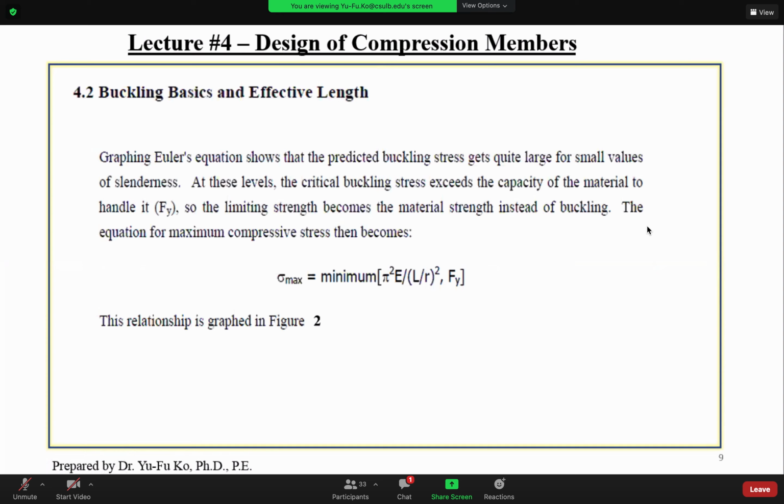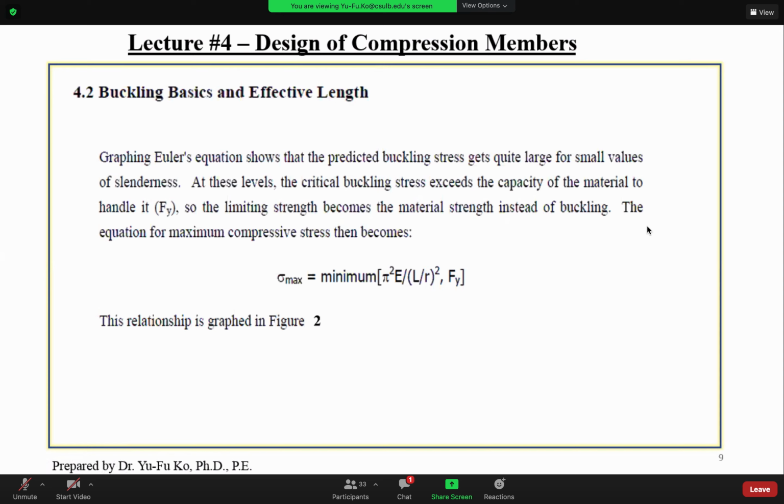So the limiting strength becomes the material strength instead of buckling when your slenderness ratio becomes small. The equation for maximum compressive strength becomes the minimum of the two, which is either pi squared E divided by (L over r) squared, or Fy. So this is the mathematical expression.